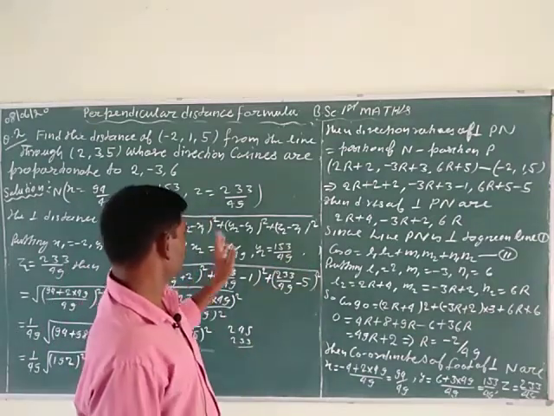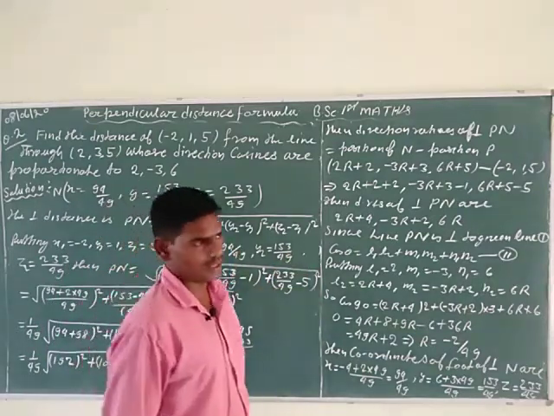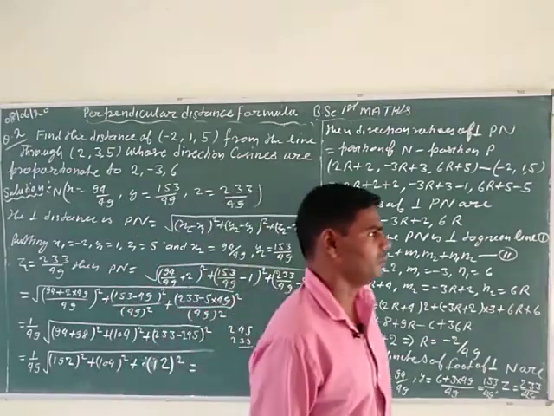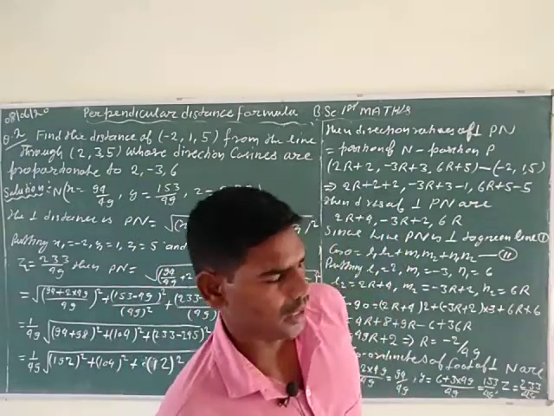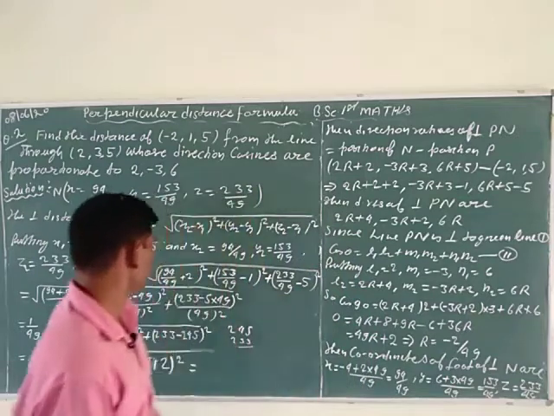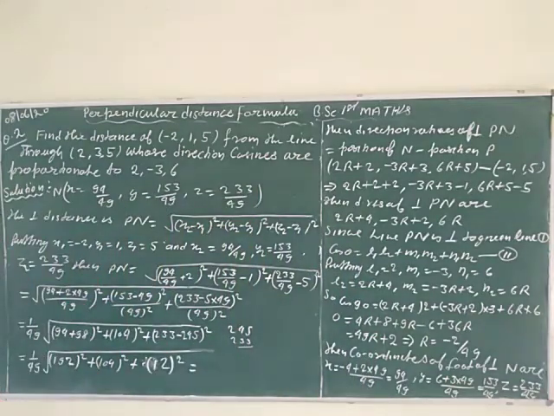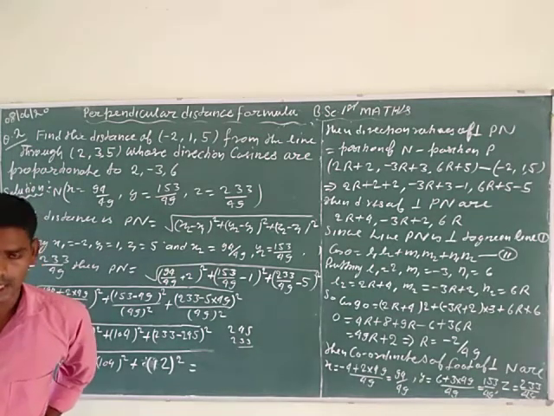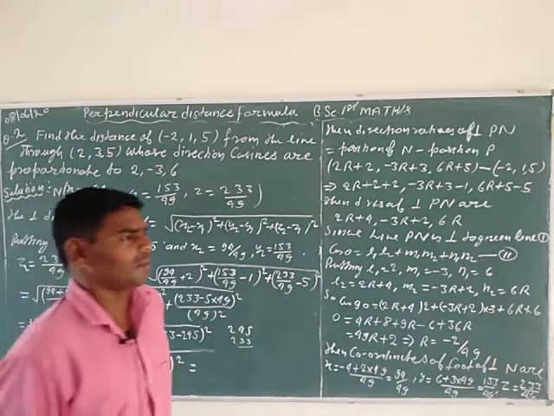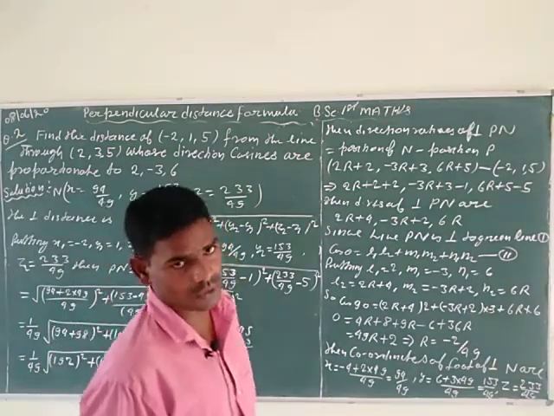Here the first subscript is taken from point capital P and the second from the foot of perpendicular, point capital N. Putting these values of capital N and capital P in this distance formula, we get the required distance between the two points capital P and N, also known as the perpendicular distance. So this is the complete solution.